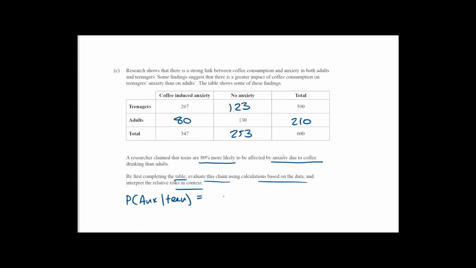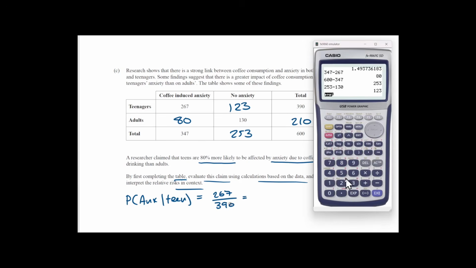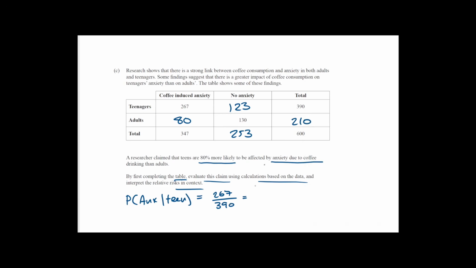So that is going to be 267 over the number of teens, 390. That is 0.6846. Really, really high. 70% of teenagers have anxiety.